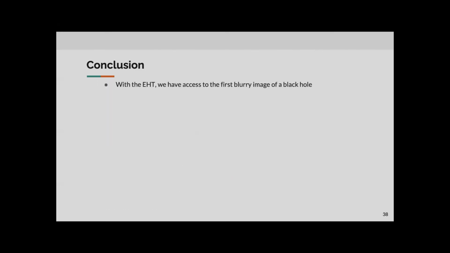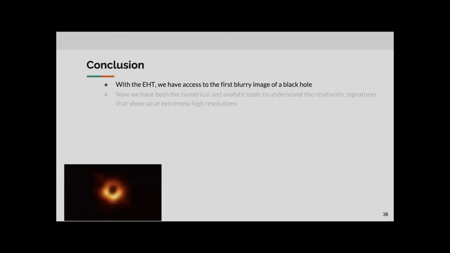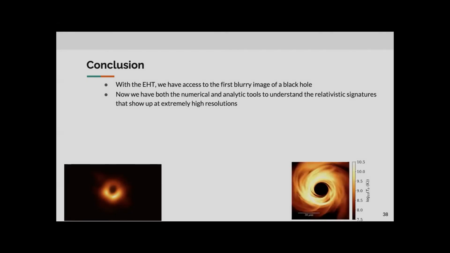So in conclusion, we've developed several different models for analyzing these high resolution properties of black hole images. So we started out with the EHT with a very blurry image of a black hole. And we now have the numerical and analytic tools to understand the relativistic signatures that show up at extremely high resolutions and give rise to simulated images like this one.